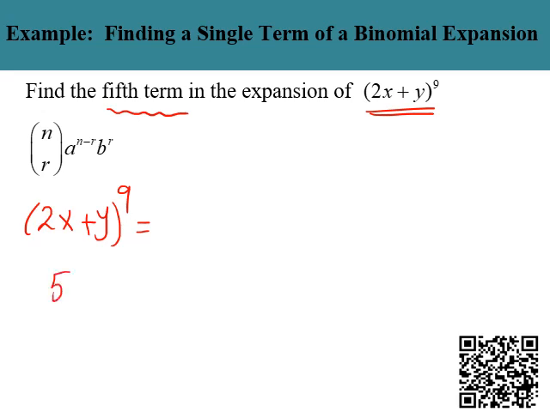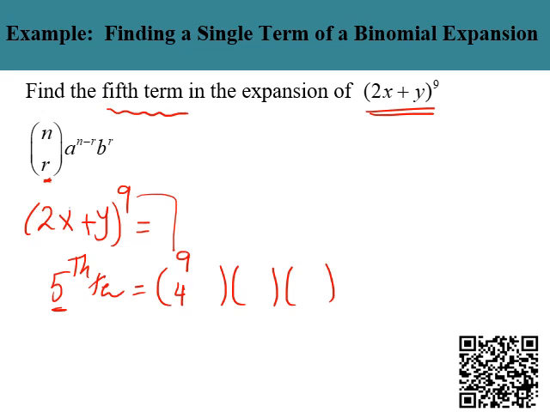So the fifth term consists of 3 components. The first one is the power, and 1 less than the number of the term, so 9 and 4. And then the first term, 2x, taking the difference between 9 and 4, and the difference between 9 and 4 is 5.